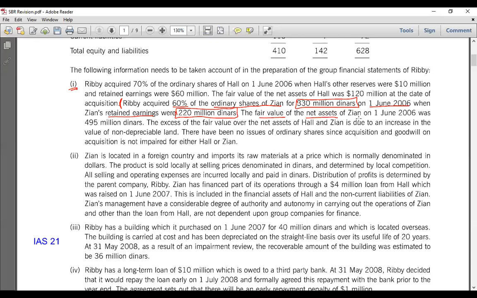The fair value of the net assets of Zian on 1st June 2006 was 495 million dinars. The excess of the fair value over the net assets of Zian is due to an increase in the value of non-depreciable land. So there is some adjustment relating to the non-depreciable land as well. There has been no issue of ordinary shares since acquisition, and goodwill on acquisition is not impaired for either Ribi or Zian.